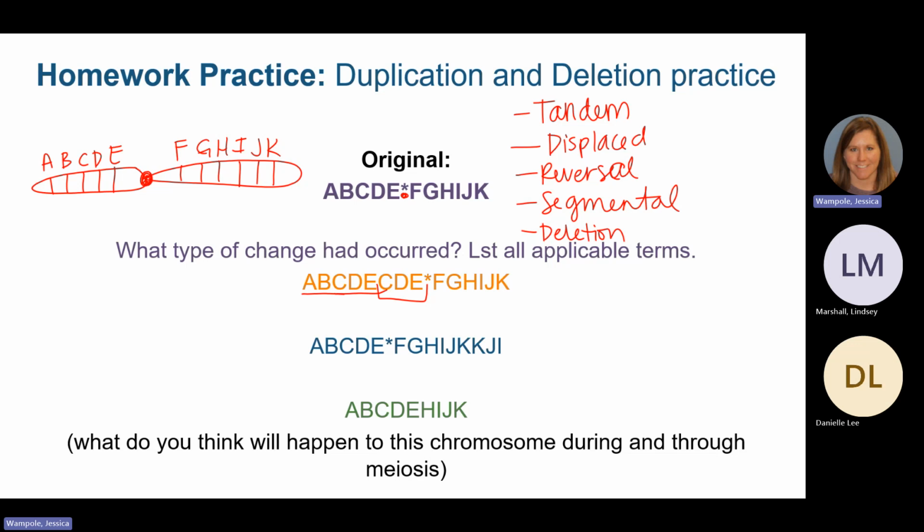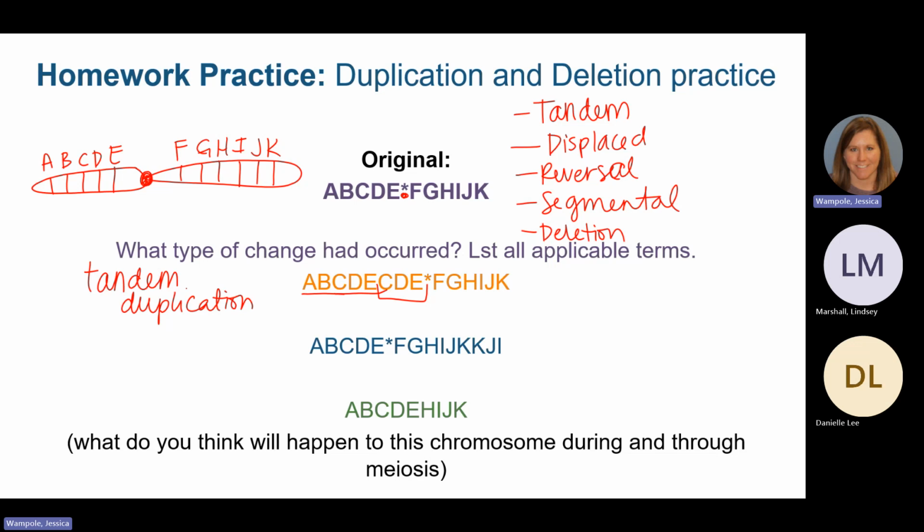What kind of duplication? Is it tandem, displaced, reversal, or segmental? Tandem, very good. So this is going to be your tandem duplication. All right. So you're really just looking at what happens to those letters. Just keeping in mind that those letters are referring to a region or a particular gene on your chromosome.